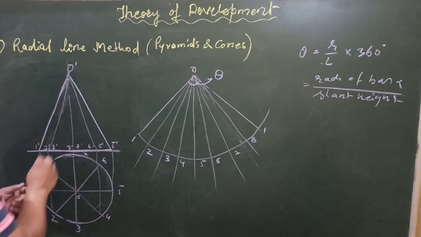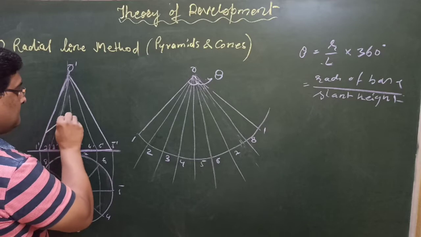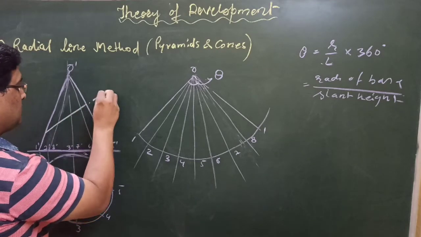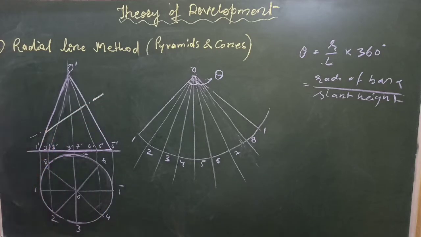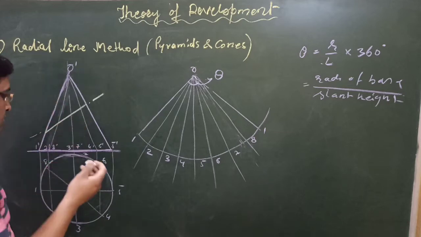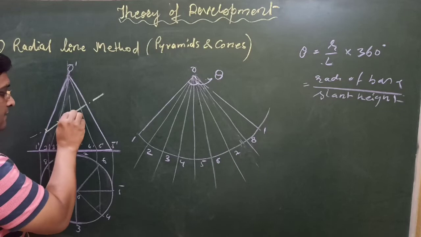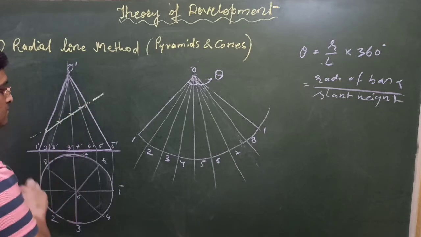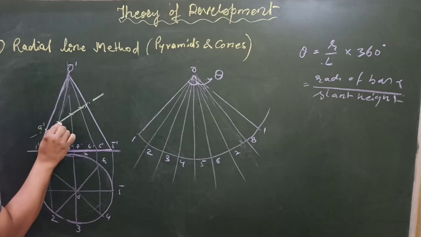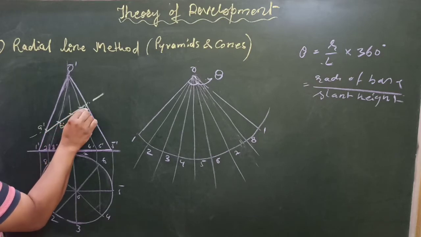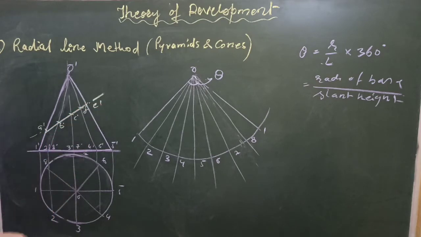Now let us consider one cutting plane. Say here is a cutting plane which is cutting this cone at certain angle. This is an AIP. So these are the cutting points obtained. Say this is A dash, this is B dash, C dash, D dash and E dash.